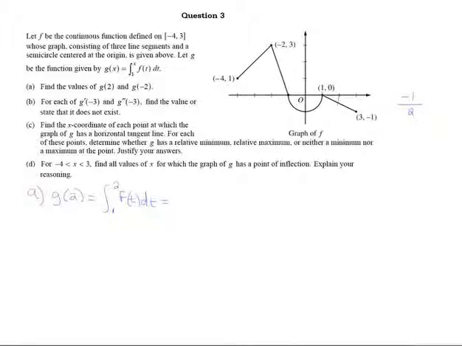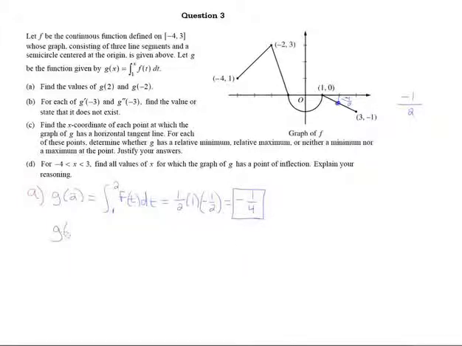So that means I've gone over 1 and down a half. So this height here is -1/2. So the area of my triangle is going to be 1/2 base of 1 times the height, or -1/2. So I guess we get -1/4.